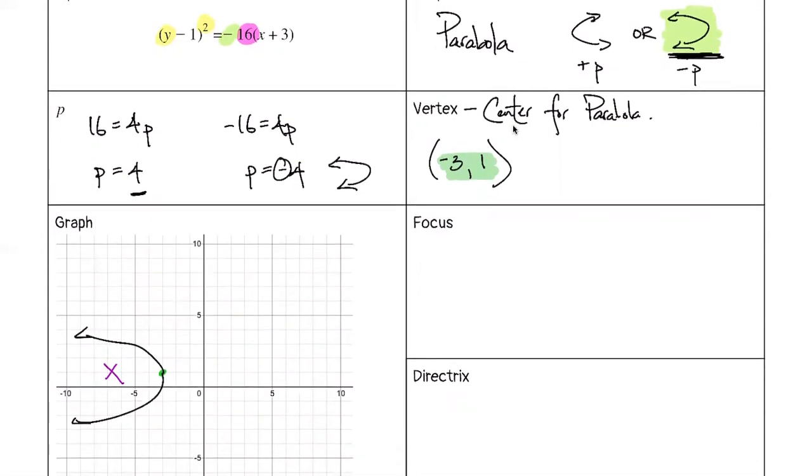And so if we think about that, what we're gonna do is we're gonna take this number we got for p, and that's how far we're going to count from the vertex. So from my vertex, I'm gonna go over 1, 2, 3, 4. That is where my focus is.